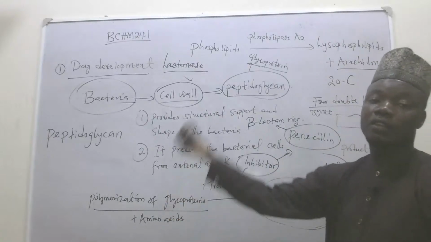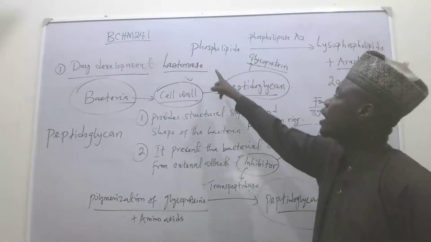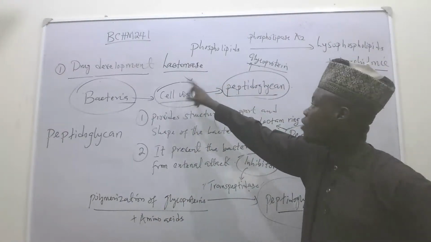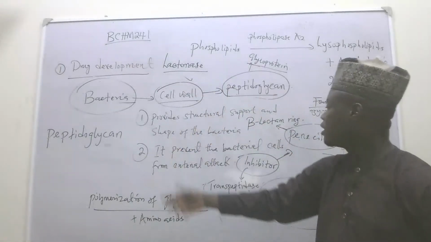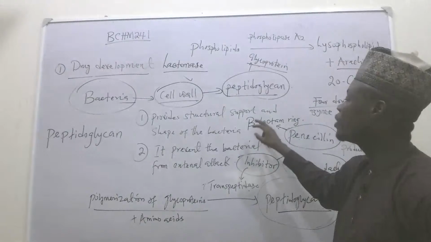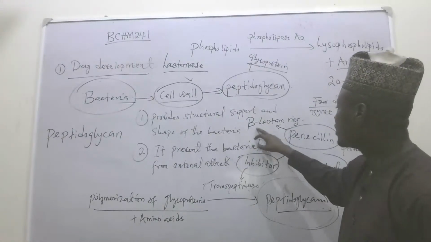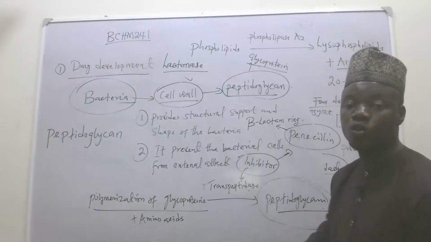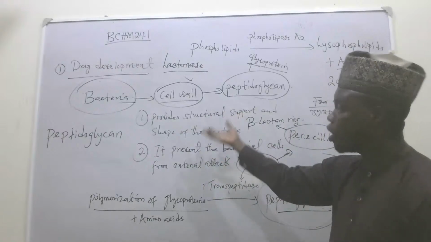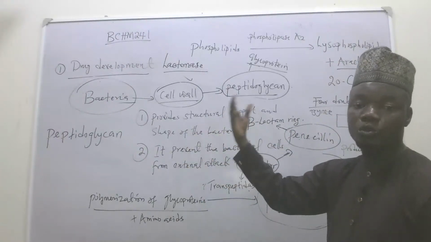So once you take the penicillin, the bacteria already have lactamase in them. They produce lactamase. Therefore, they will inactivate the beta-lactam ring in the penicillin. So therefore, the penicillin cannot work. So that is how the microorganisms work.